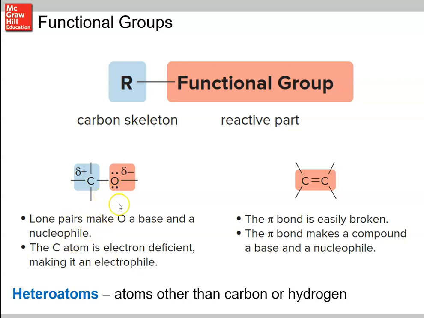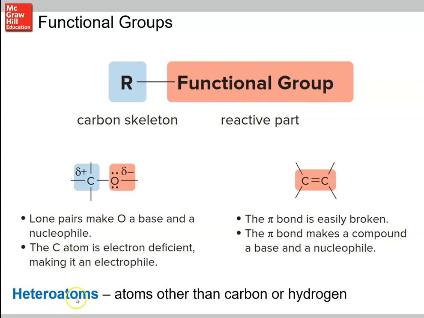So again, here we have the oxygen can be a nucleophile because it's negatively charged partially and it has lone pairs, and then it would be an electrophile for the carbon because it is deficient in electrons. Something else that I want to point out, this term heteroatoms, atoms other than carbon or hydrogen. So that is what is most of the time going to be part of our functional group.